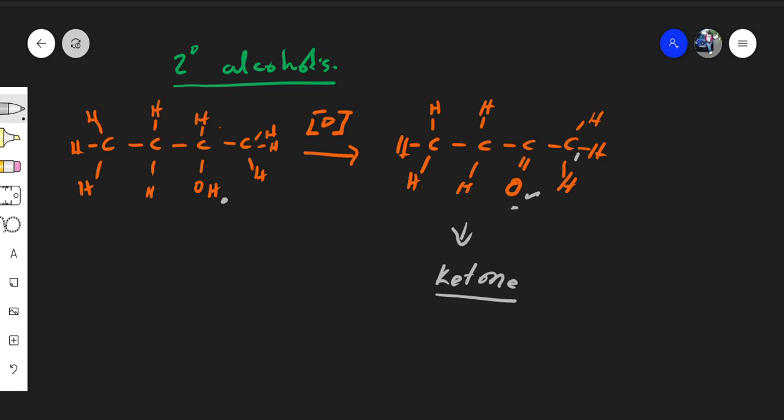So it comes from here, 1, 2, 3, 4, and so it is butanone. So that's it. Remember that naming is important too.